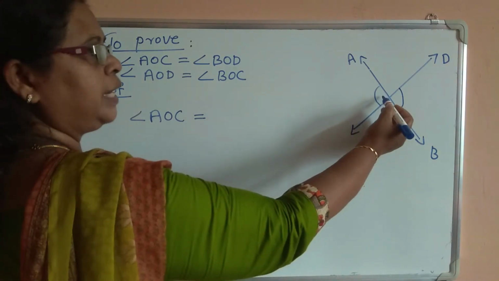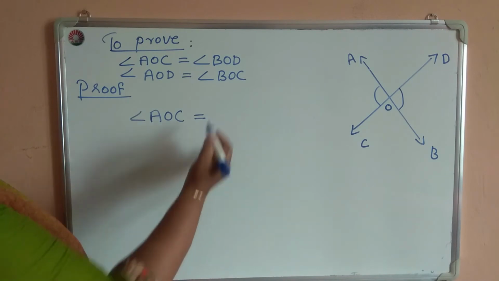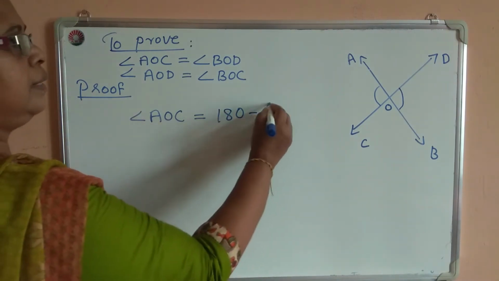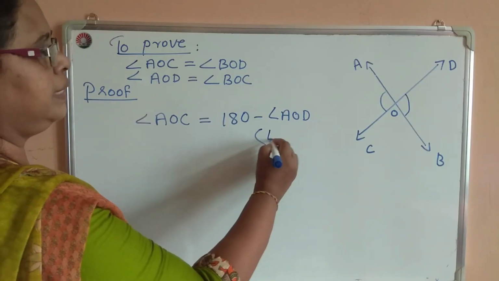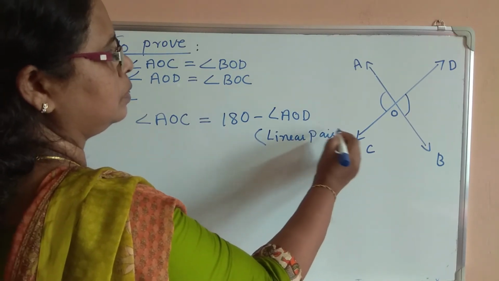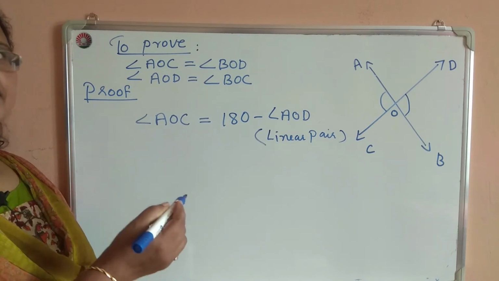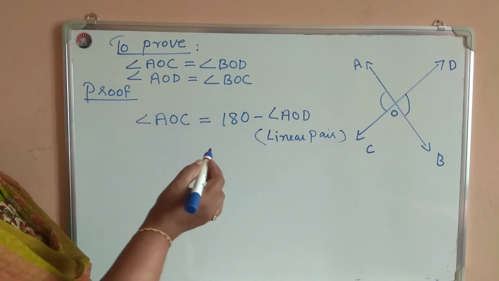So angle AOC is equal to 180 minus angle AOD. What is the reason? Linear pair. For any step, we have to write the reason.